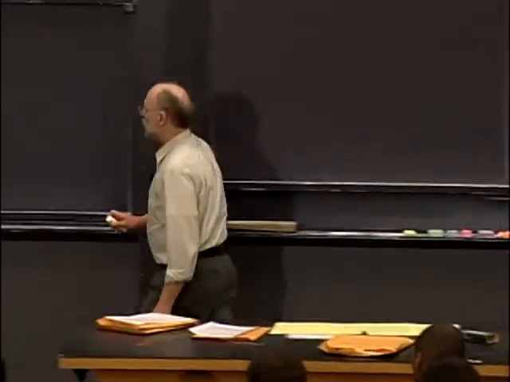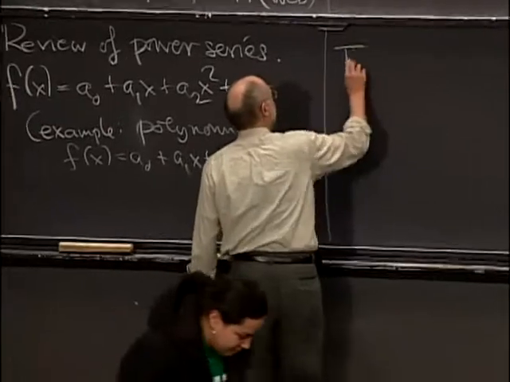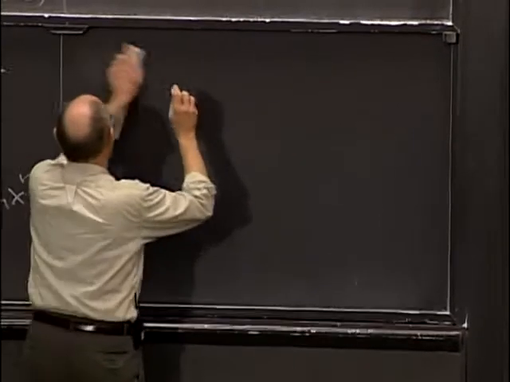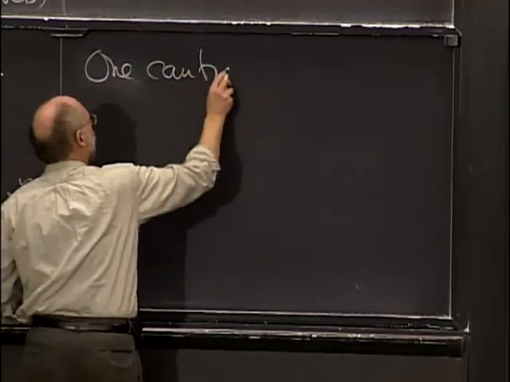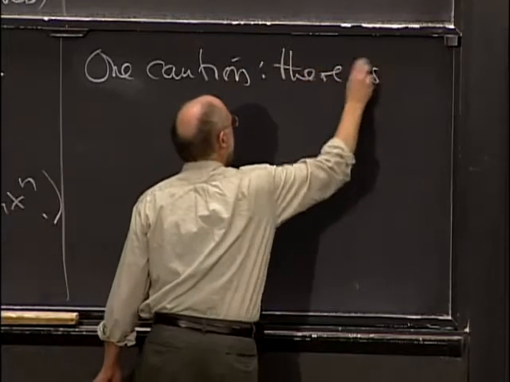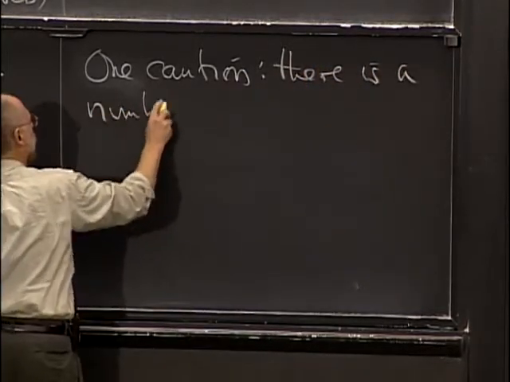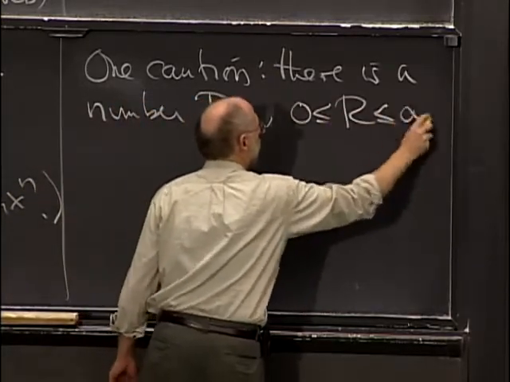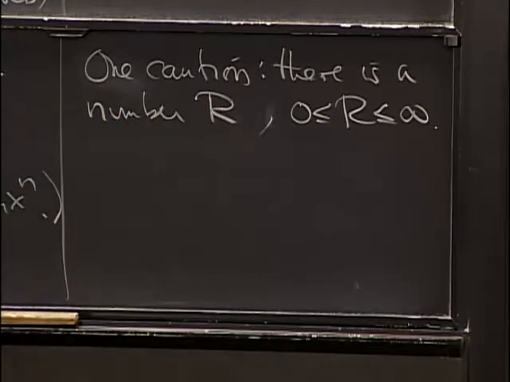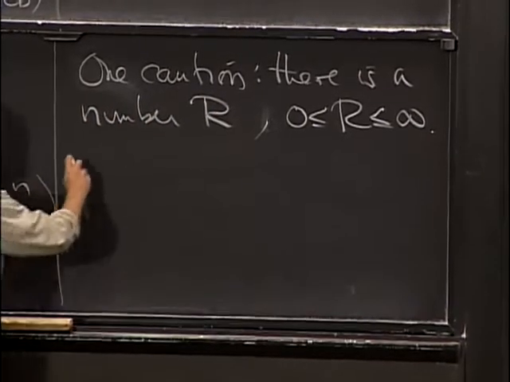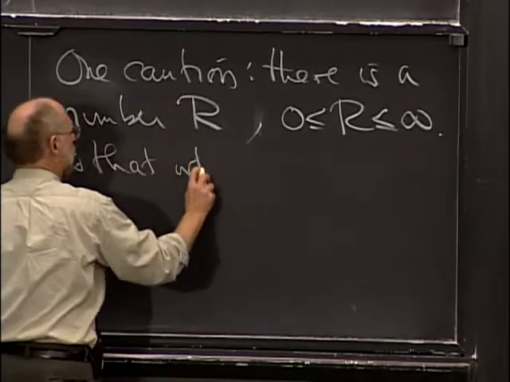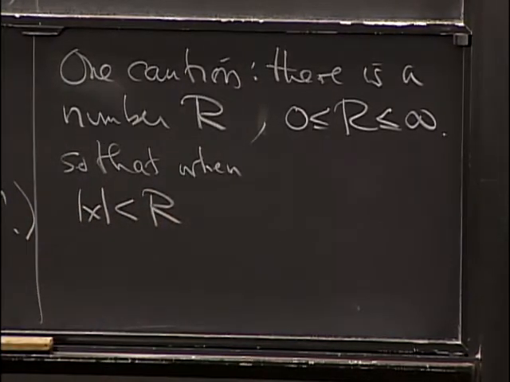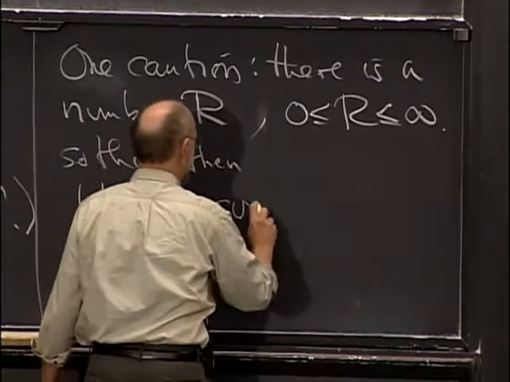The one thing that you have to be careful about, so one caution, is that there's a number, which I'll call r, where r can be between 0 and infinity inclusive, so that when the absolute value of x is less than r, so when x is smaller than r in size, the sum converges.